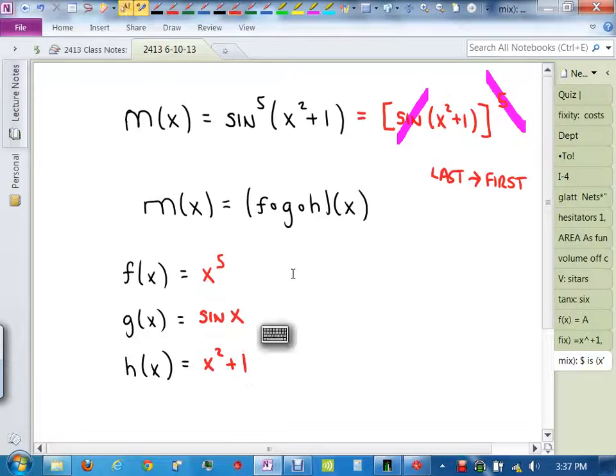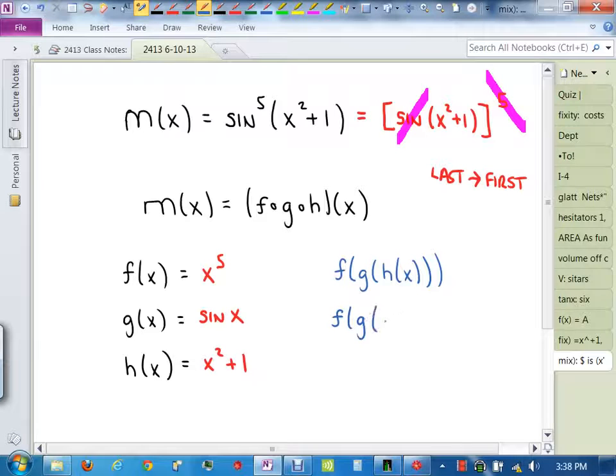So how would we check it? We take h and plug it into g, sine of x. That would give me, well, I'm trying to jump too far. Let me write down over here, f of g of h of x. h of x goes in here, so it becomes f of g.